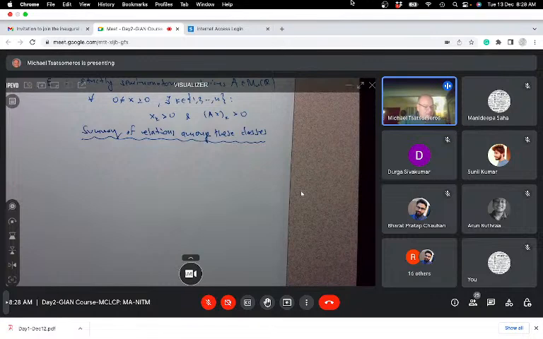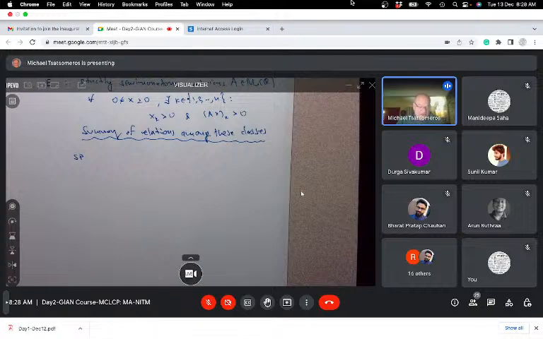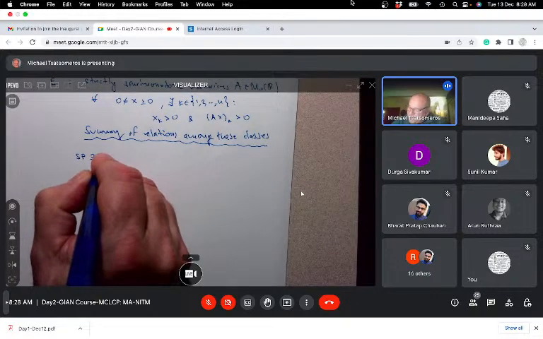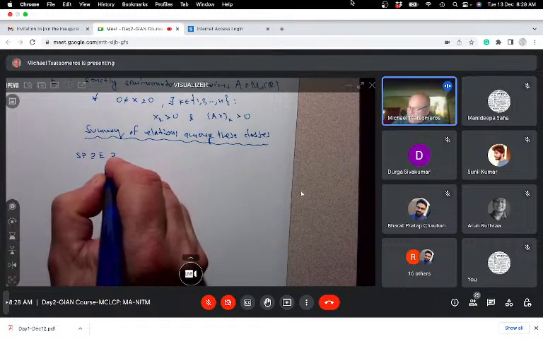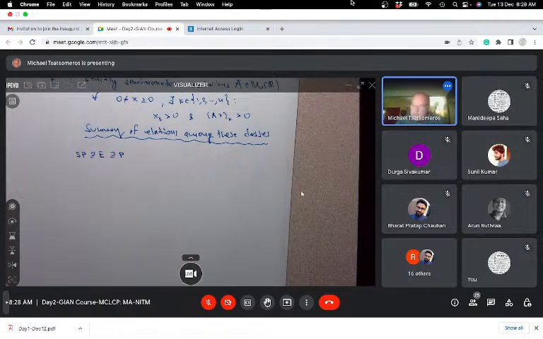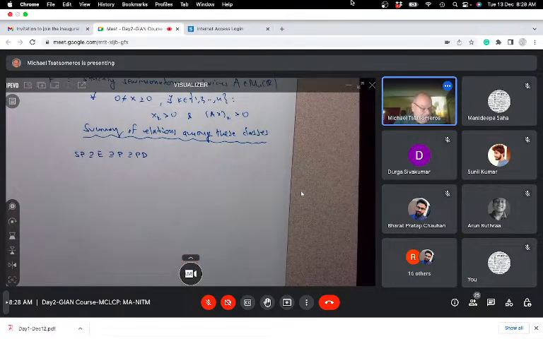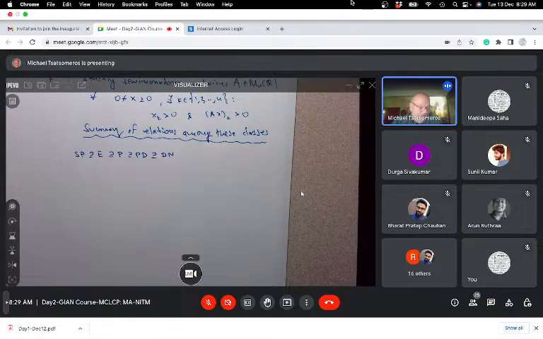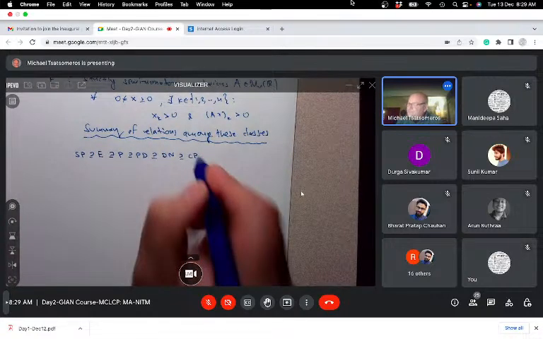So it turns out that SP, the semi-positive matrices, contain the strictly semi-monotone matrices, which contain the P matrices, which contain the positive definite matrices, which contain the doubly non-negative matrices, which contain the completely positive matrices.